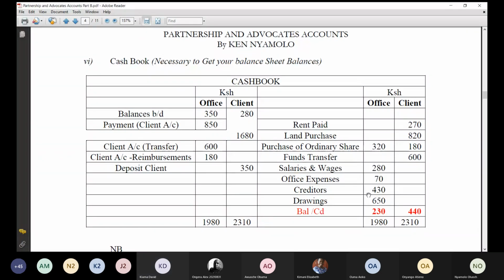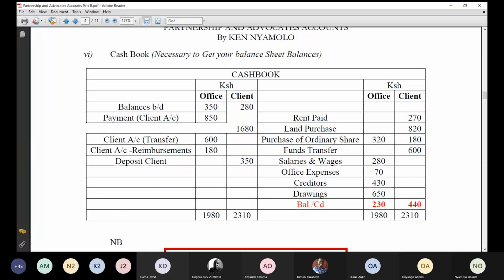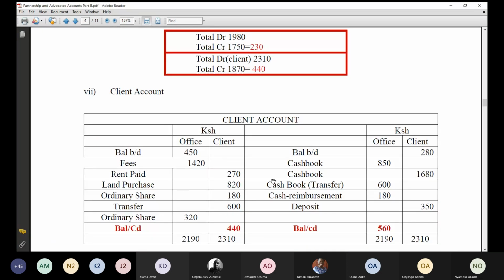If you remember your cash book, there is a contra. So the credit is coming from our client side of the cash book, and our cash book office side is receiving that amount.